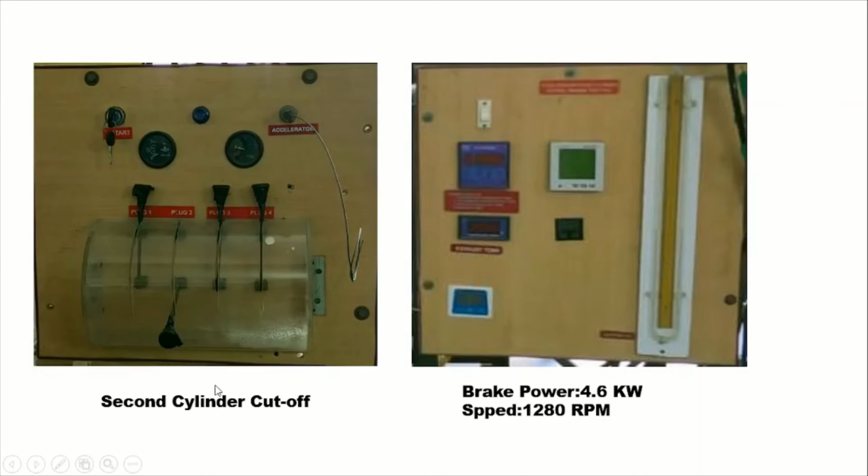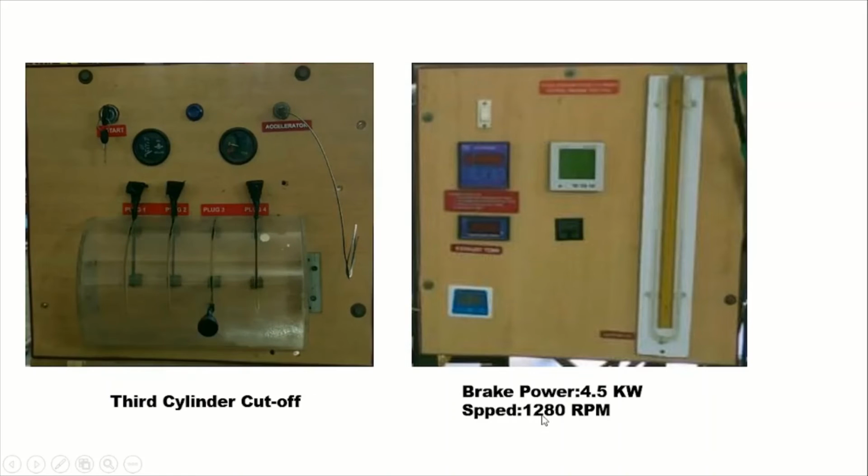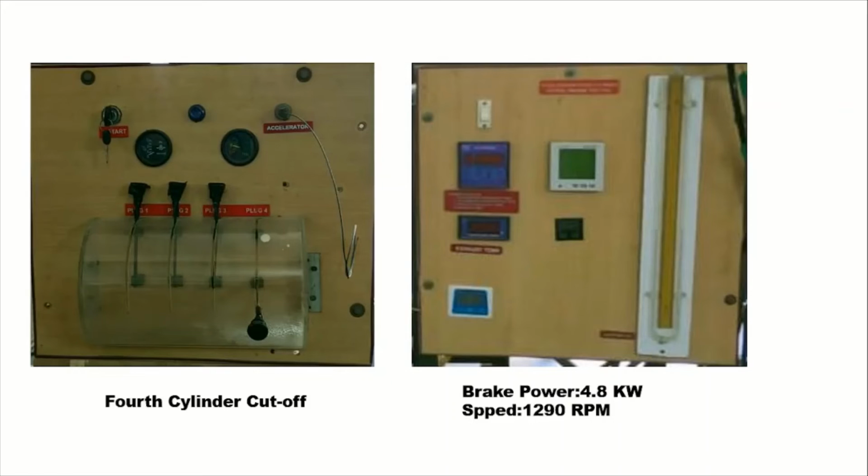Same for the second cut-off cylinder, we get the brake power 4.0 kilowatt and the speed is 1280 rpm. With the third cylinder cut off, we get the brake power 4.5 kilowatt and speed is 1280 rpm. When the fourth cylinder is cut off, brake power is 4.8 kilowatt and speed is 1290 rpm.